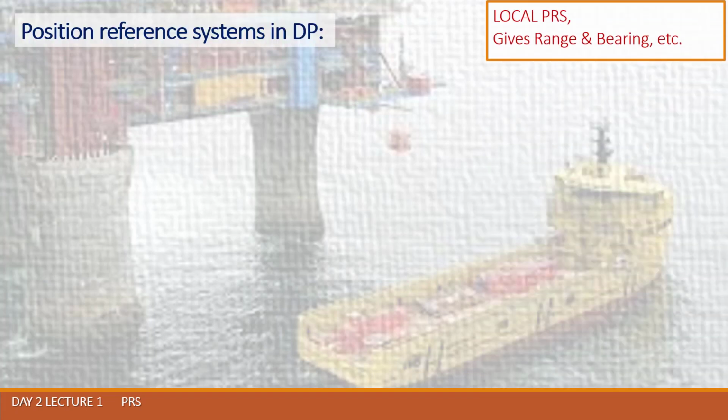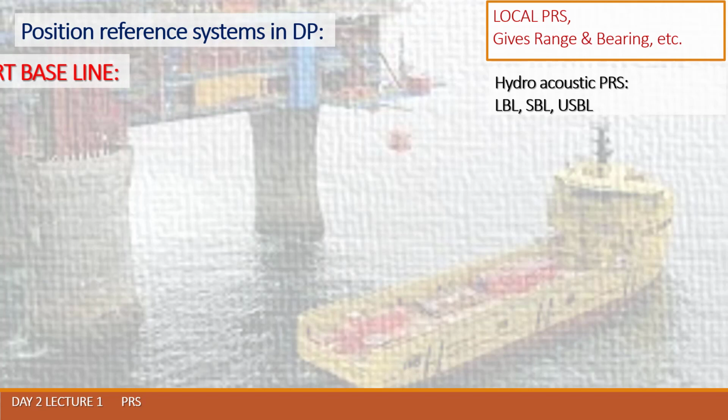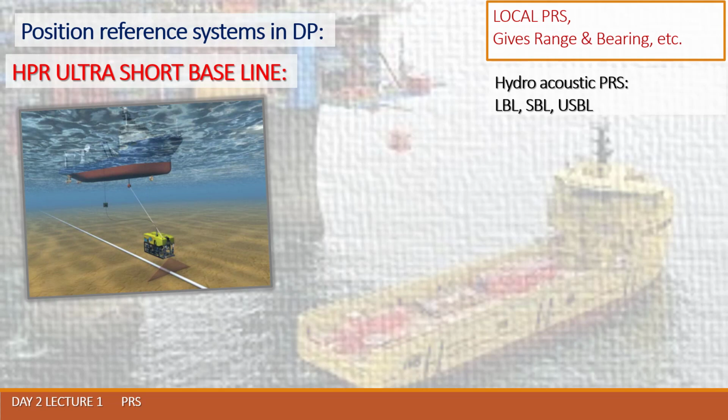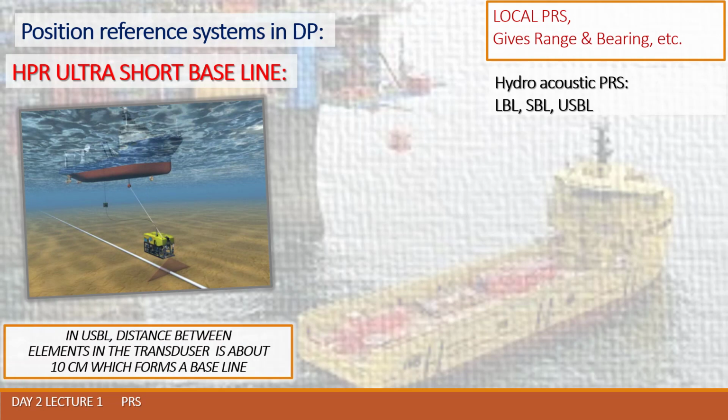Let's find out what an ultra-short baseline arrangement is. In ultra-short baseline, in a single head transducer, we have many small elements, and the distance between elements in the transducer head is about 10 centimeters, which forms a baseline. That's what is important.